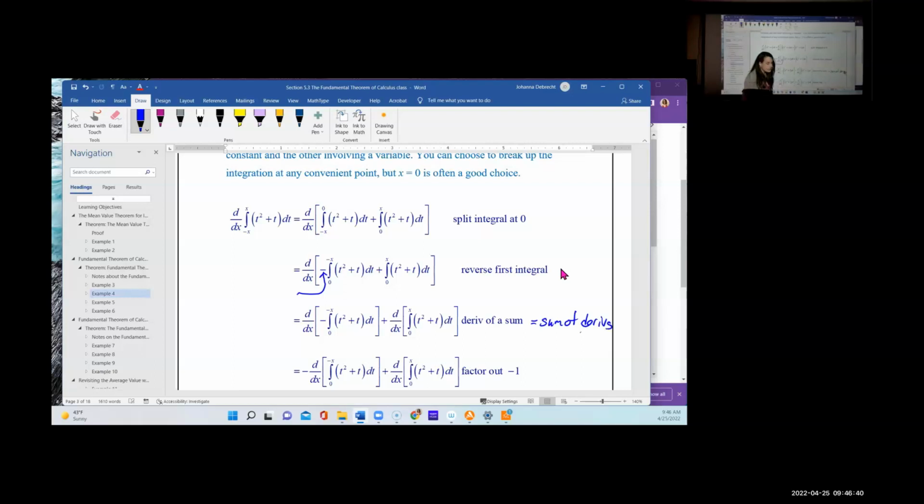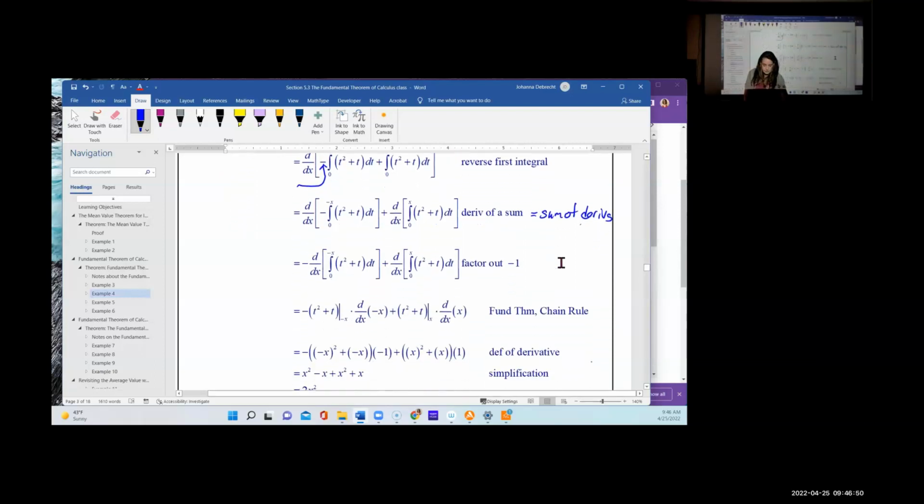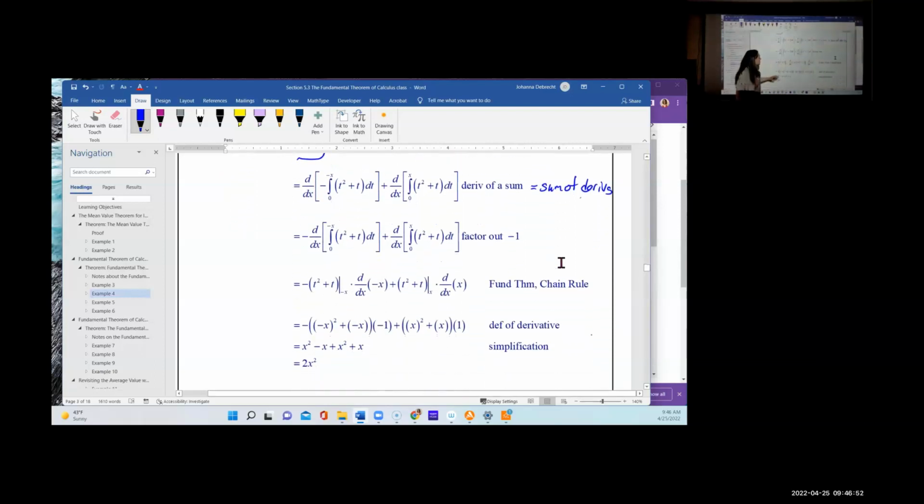So I split it into two derivatives. This now allows me to go ahead and consider applying the fundamental theorem of calculus part 1. The next thing I did was factor out the -1 and pull it to the front here. So you can see that this negative, which was right here, ended up on the outside here.